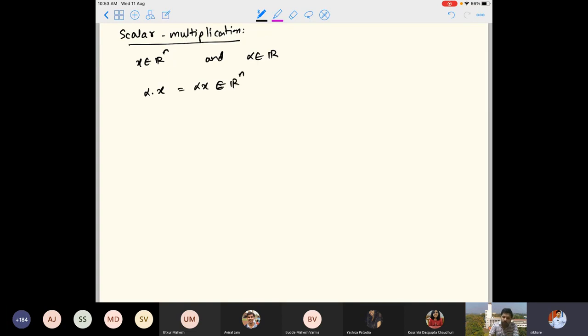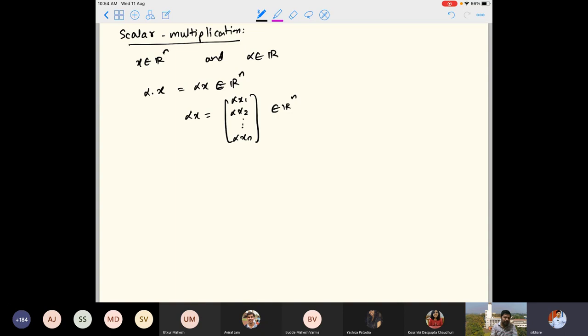This vector belongs to Rn. And how do you define alpha x? Alpha times x1, alpha times x2, up to alpha times xn, right? That means you multiply the scalar alpha to every component of the vector. So again, it is component-wise multiplication of real numbers. That's what this is. So this is scalar multiplication.